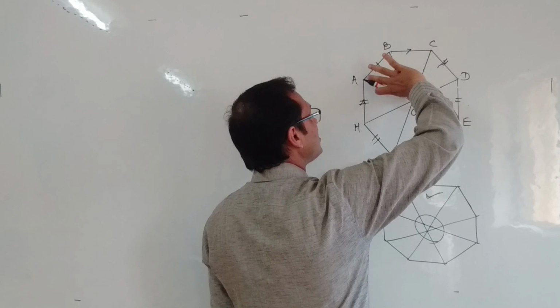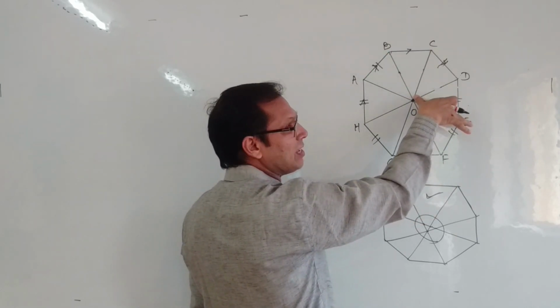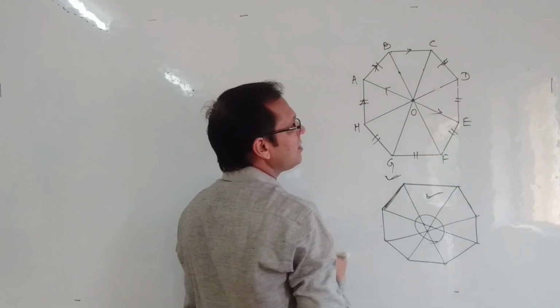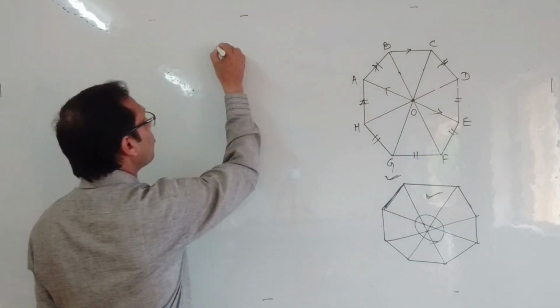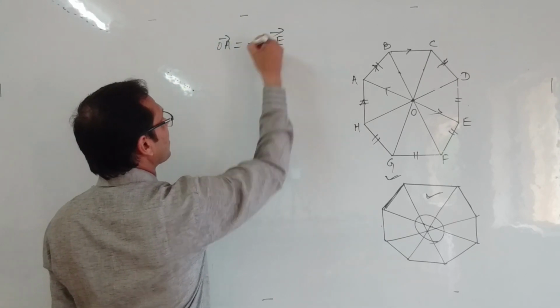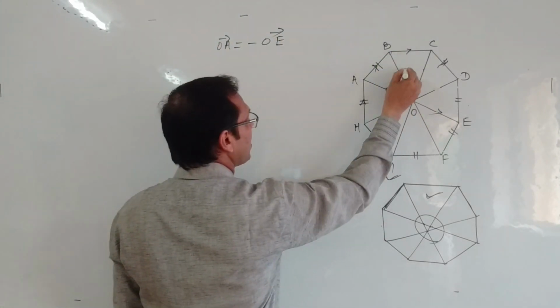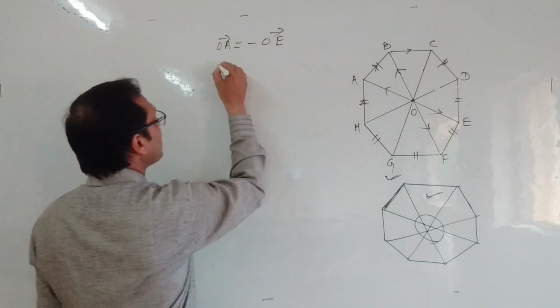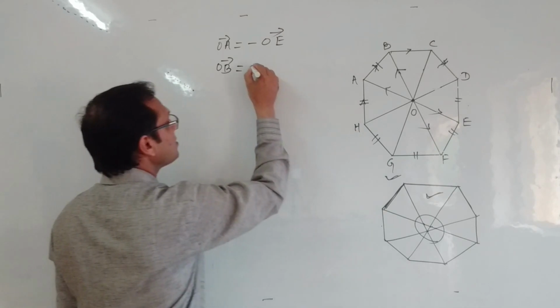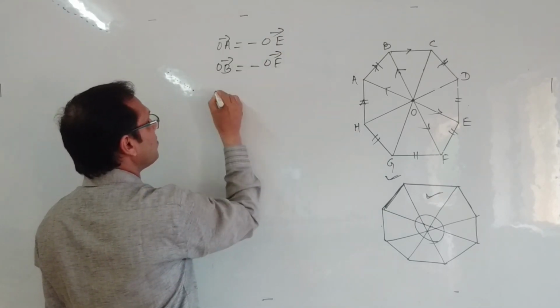That's why this OA side is equal to OE, and they are in opposite directions, OA direction and OE direction. So you can write OA vector is equal to minus of OE vector. Likewise OB vector can be written as minus of OF vector.